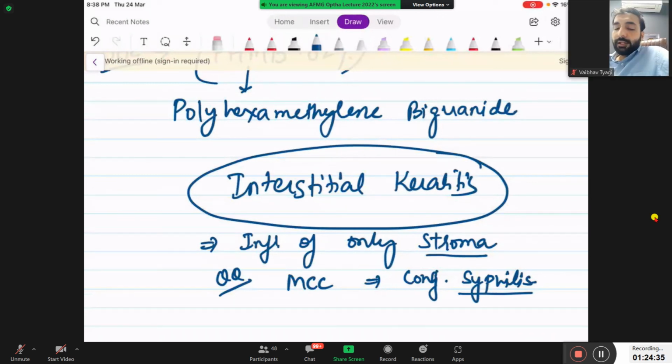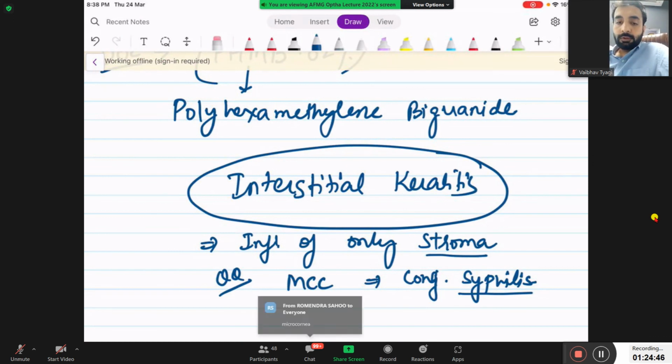We have studied congenital rubella syndrome before. Can you tell me in the chat box? Congenital rubella syndrome was associated with, please hurry up, microcornea or macrocornea? Microcornea. Right.